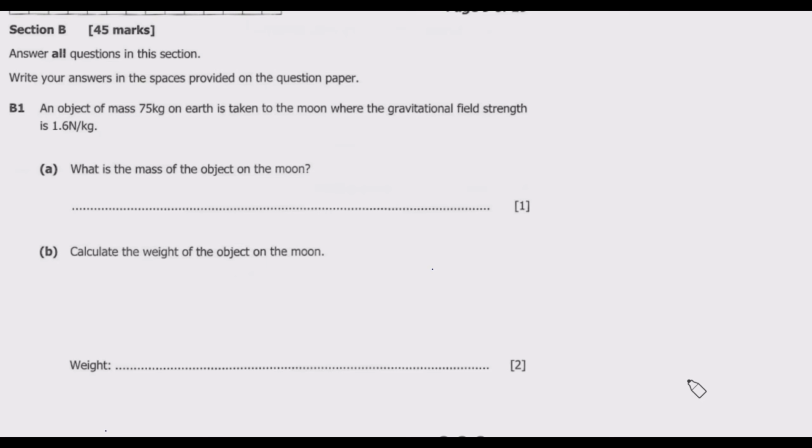To answer this question, we need to bear in mind that the mass of an object is the amount of matter in a given object. The amount of matter does not depend on the place, so it remains the same whether on Earth or on the moon. So in this case the answer is just 75 kg.